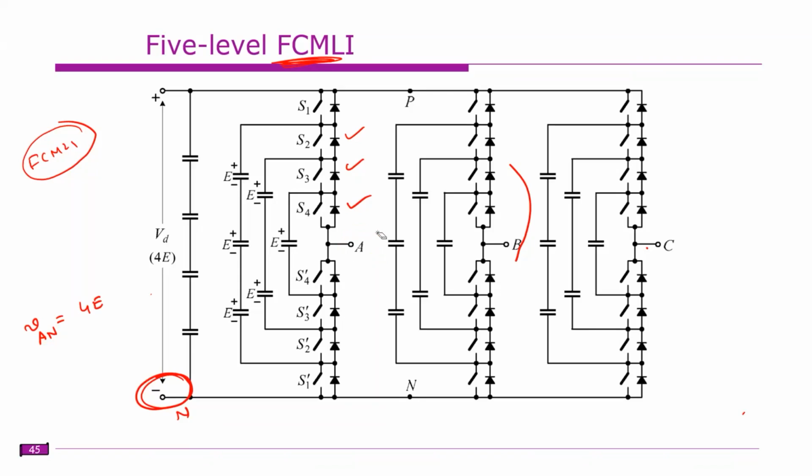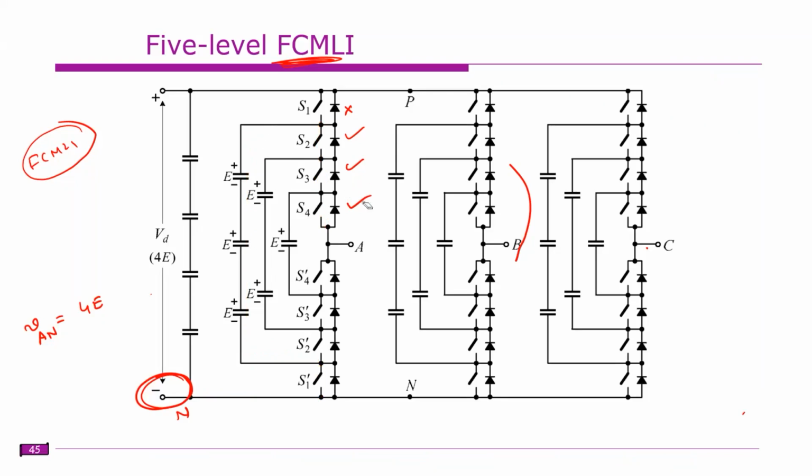These three switches are on. This is off, which means this switch is on, right? So now these three switches are on. This point is connected here, and this point is connected here, right? So how much voltage are you getting? 3E, right? You are getting 3E voltage.